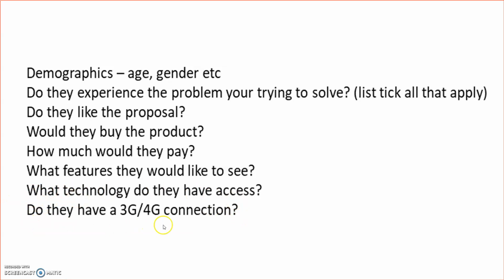Obviously, every Internet of Everything product will need to be able to communicate data, and you're going to need to make sure again that your customers have the right equipment and the right connections to be able to do that. So are they going to need a 3 or 4G connection on their phone? Do they need a Wi-Fi internet connection at home, for example, to be able to upload data to the cloud?